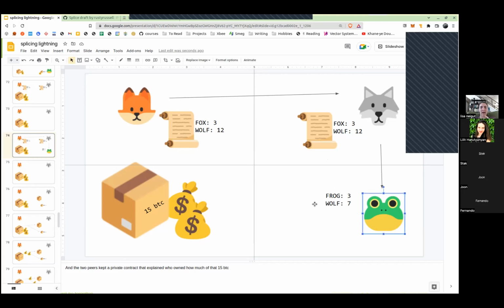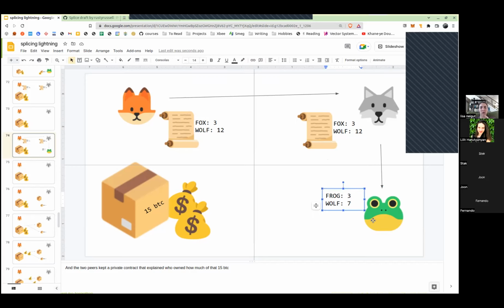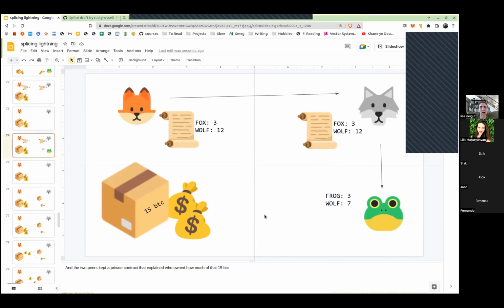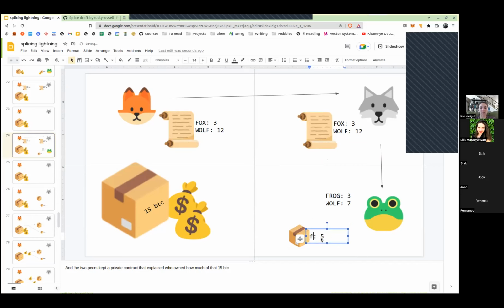And then when Frog receives this 2 Bitcoin, they would create a new little on-chain transaction from some money that they have somewhere else, right? So Frog would create a new on-chain thing that they would pay to Fox. How much do they pay them? I think 2.